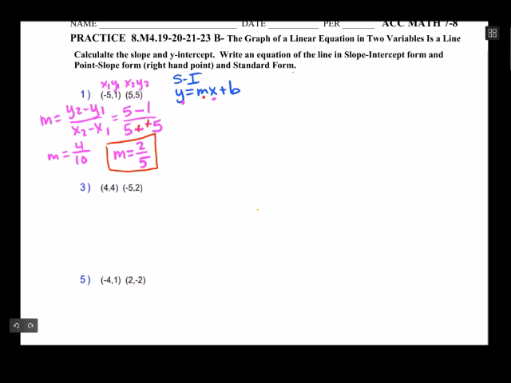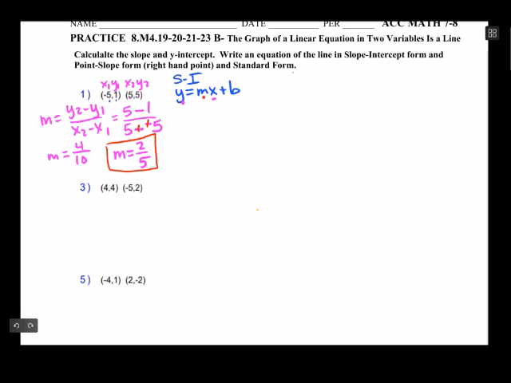So I am going to substitute in the values. I can use either point. Let's use the first point. It doesn't matter. We will get the same answer no matter which point we use, because this x and y in our equation here represent all possible values of x and y on our line.